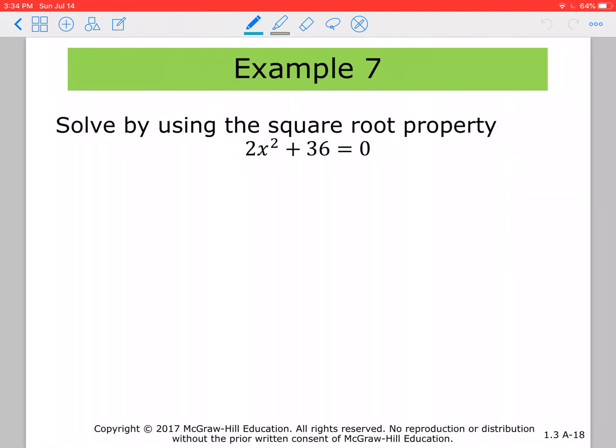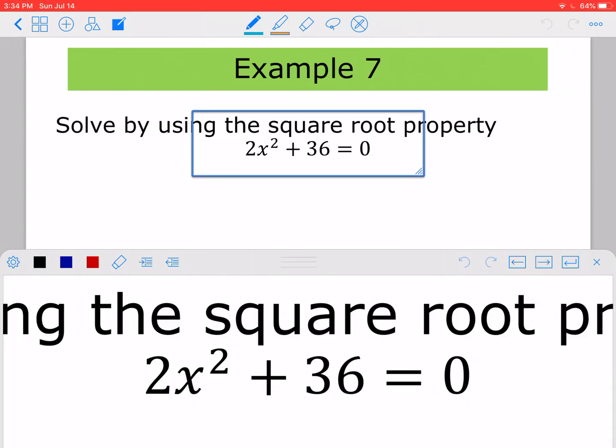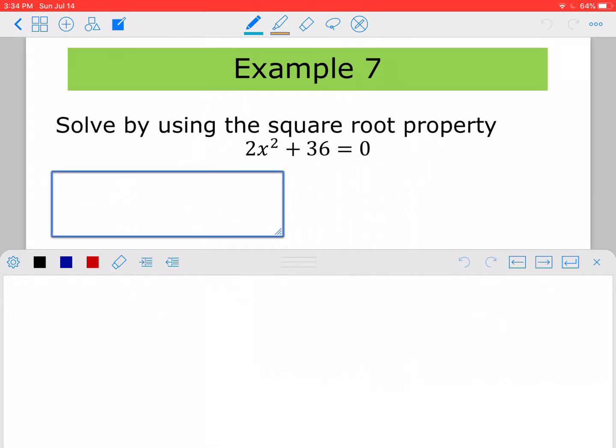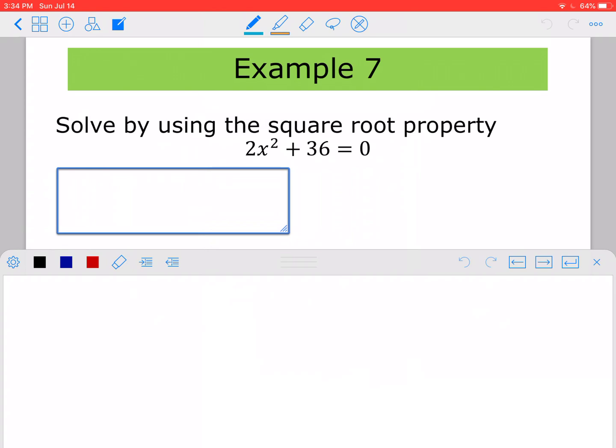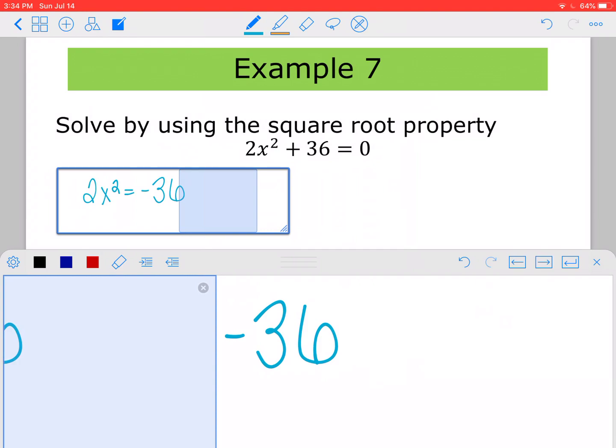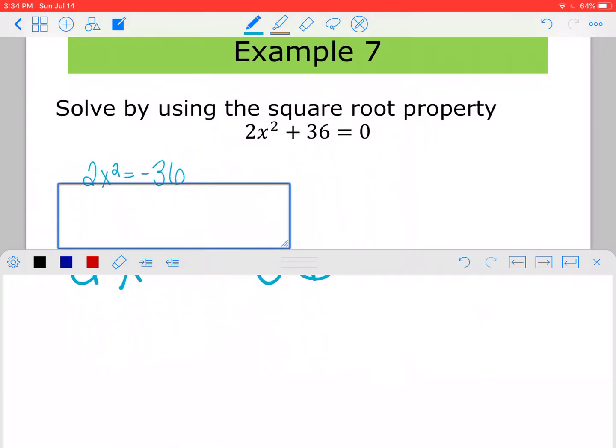Let's go ahead and divide by 2. And if we take the square root of both sides, we're taking the square root of a negative number, which, guess what? Now we can do. So, goody.